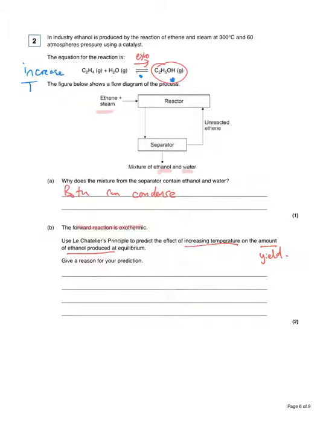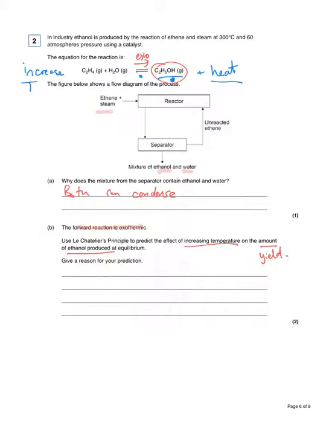So if the reaction is exothermic, we can think of that as giving out heat. So the two products are actually the ethanol being made and heat being made. And what you're now doing is increasing the temperature by putting even more heat into it. Okay, so what's going to happen is the equilibrium will shift left to remove the extra heat.